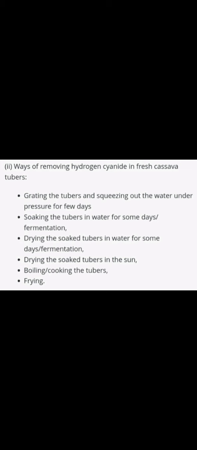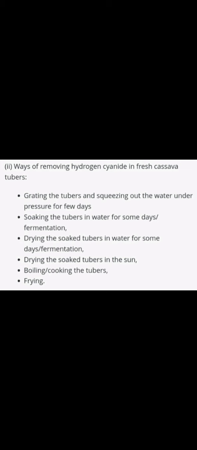That's fermentation. Number three, drying the soaked tubers in the sun, and then boiling or cooking the tubers, and then frying. So those are the ways we can remove the hydrogen cyanide present in cassava tubers.